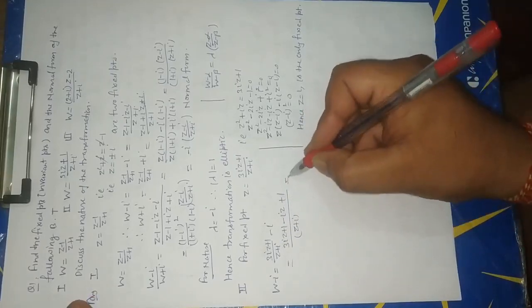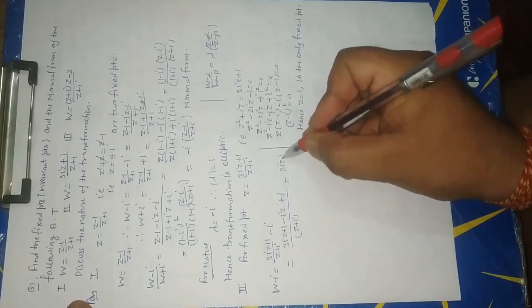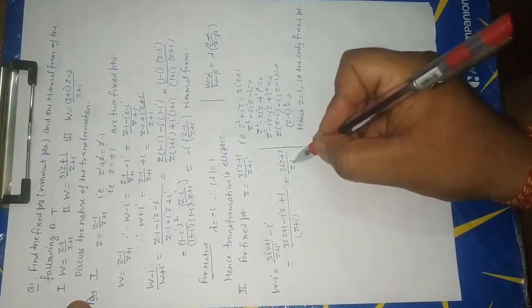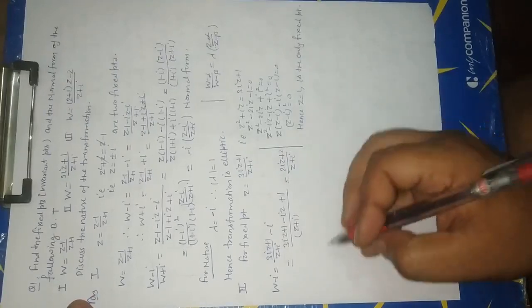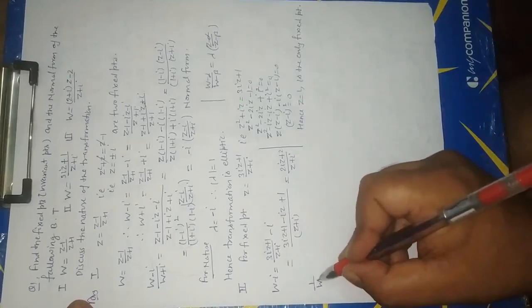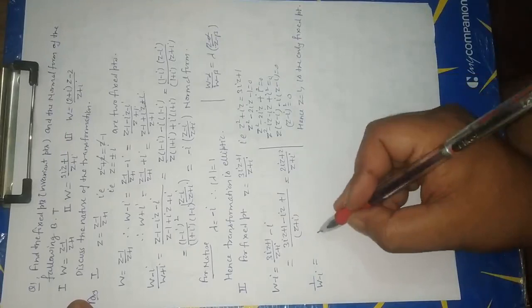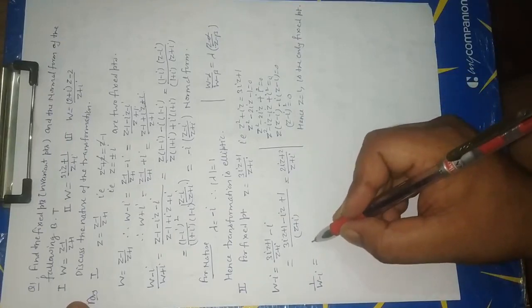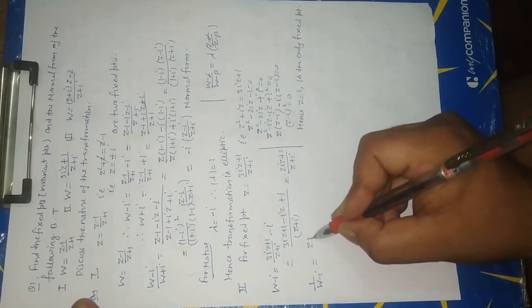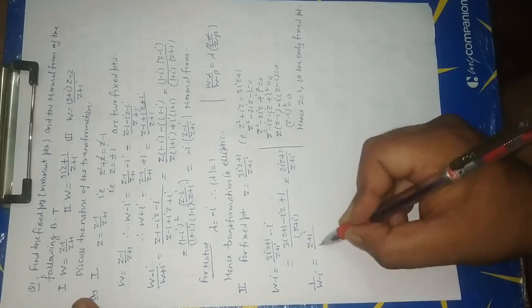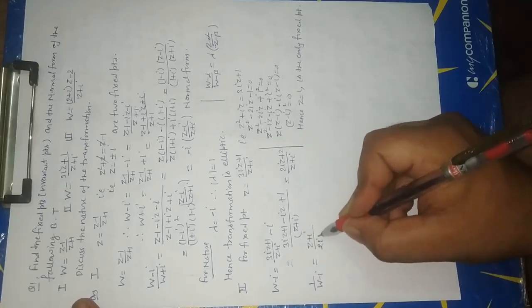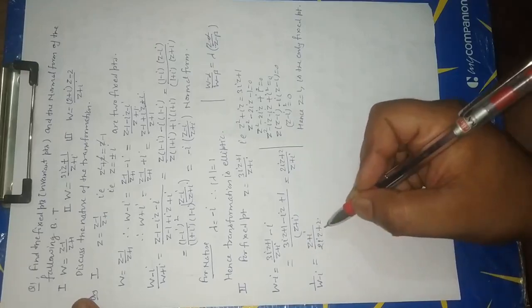Now solving, 2iZ plus 2 upon Z plus i. Now 1 upon W minus i is equal to (Z plus i) upon (2iZ plus 2).